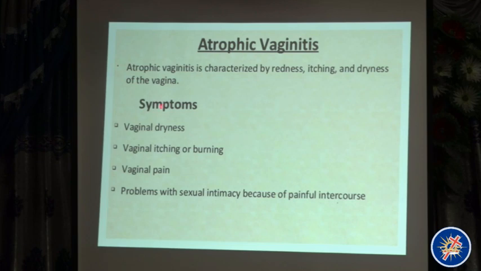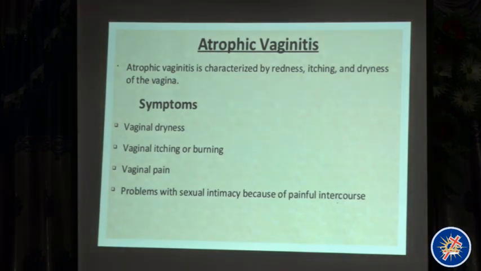The symptoms are vaginal dryness, vaginal itching and burning, vaginal pain, problems with sexual intimacy because of painful intercourse. This is for ladies who have reached menopause, or for some reason undergo surgery and the ovaries are removed. That is when they get this problem of atrophic vaginitis.